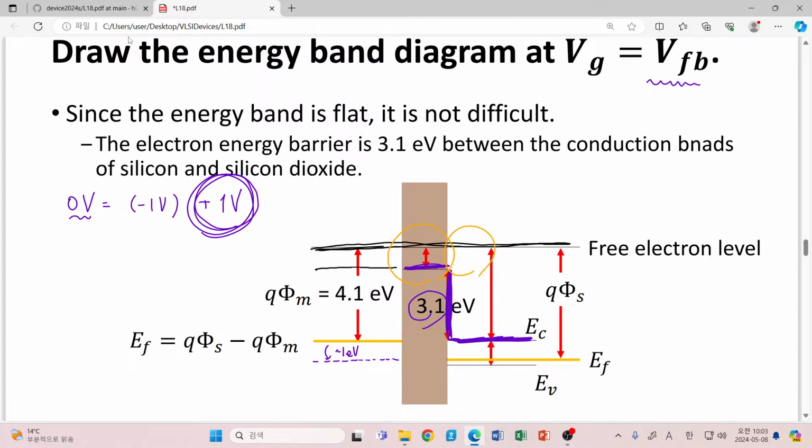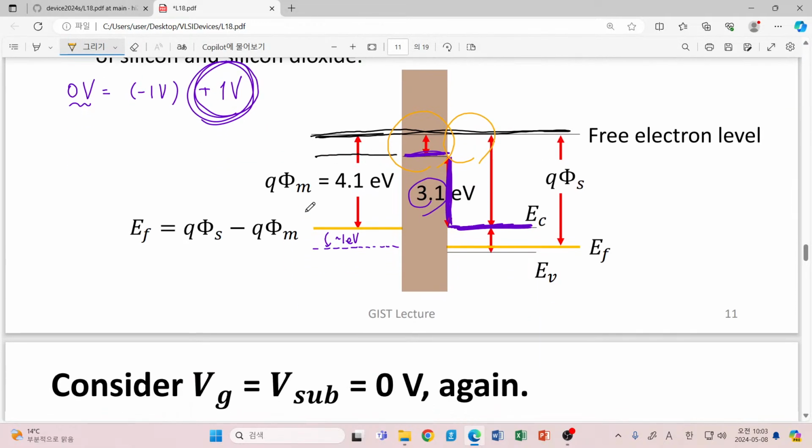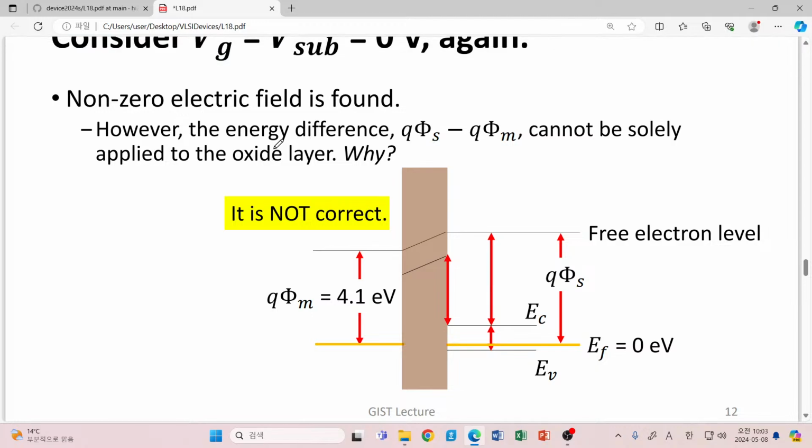We must understand: at the beginning of today's lecture, I told you a long sentence. If you apply a certain voltage, then the voltage is only applied to your oxide. Let's follow that long sentence. So I prepared this one corresponding to my long sentence.